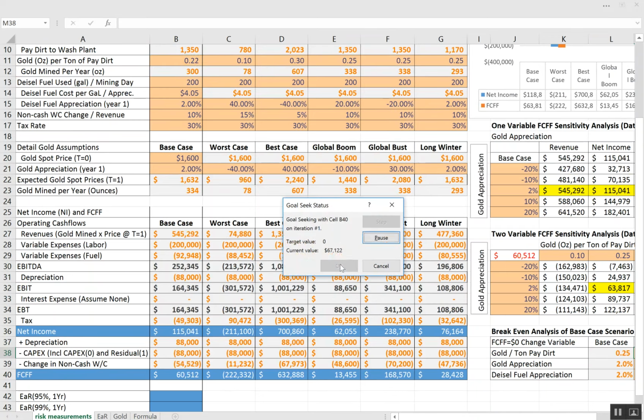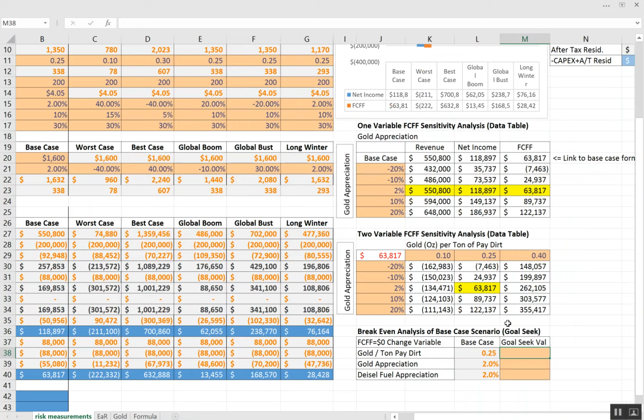So I can hit OK. So it looks like at 0.20 ounces per ton, free cash flows go to 0. Hit escape. So it looks like 0.2 is the minimum I need. It's the break-even amount of gold per ton of dirt.